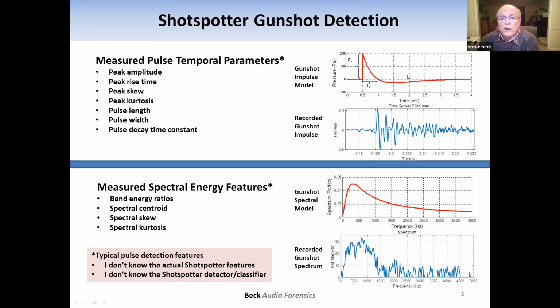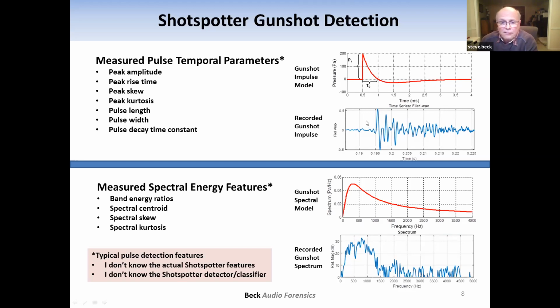And the pulse width is really just the positive phase duration, and maybe something like the decay time constant. So those are nice theoretical things, but when you apply it to real signals, it sometimes gets kind of messy and noisy making these measurements.